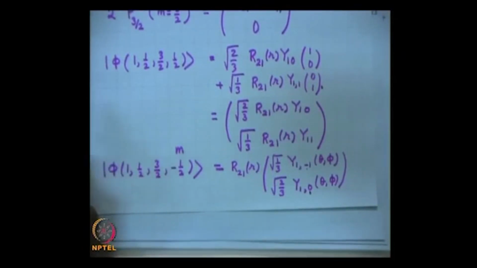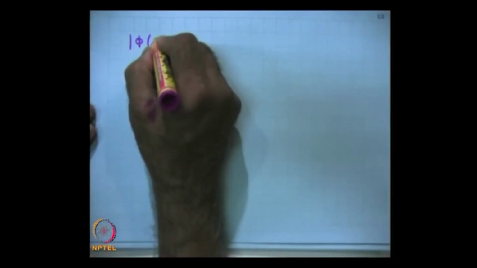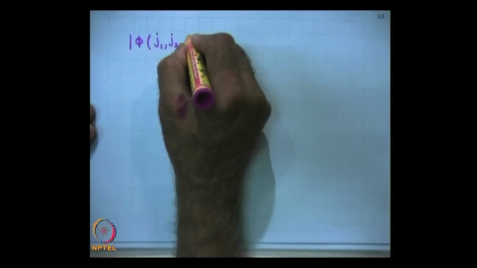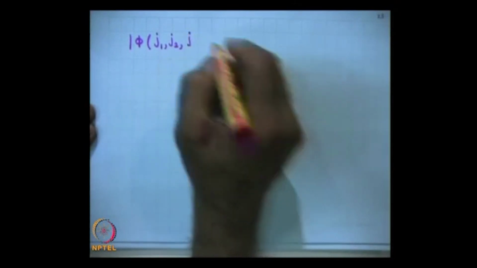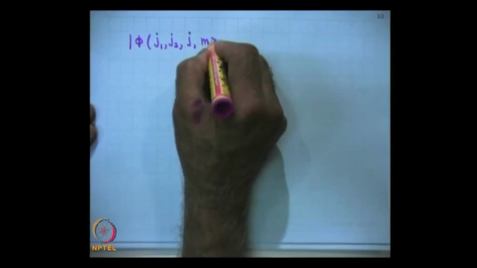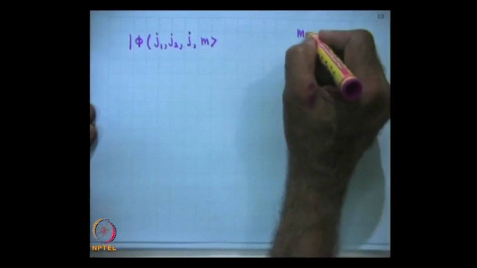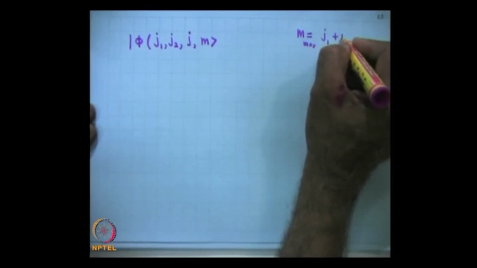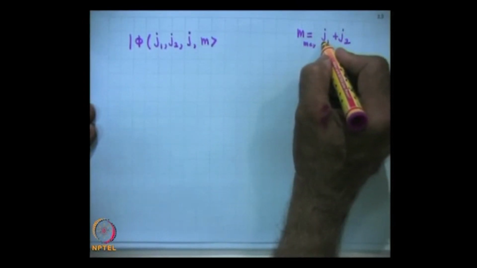Now, in this way you can take L equal to 2 and L equal to 3, and you can take any function and L1, L2. You first have to start with phi J1, J2, J and M. The maximum value of M is J1 plus J2, because the maximum value of M1 is J1.